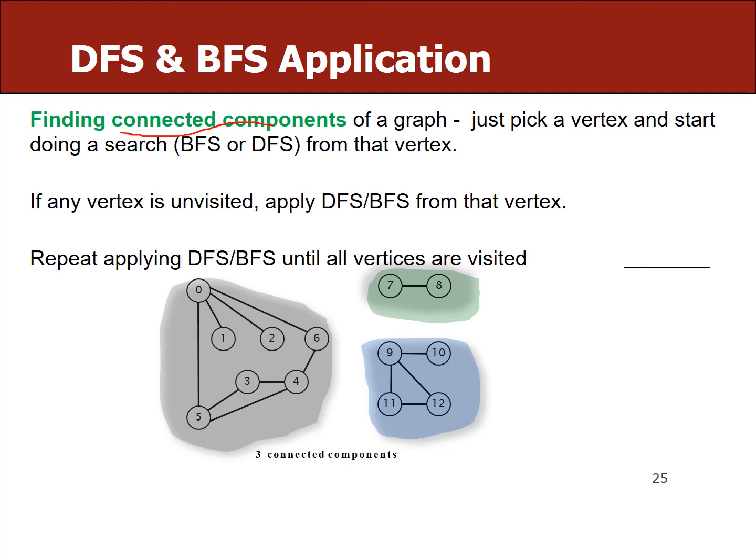You apply DFS or BFS, pick a vertex and start the traversal from that vertex. And if any vertex is unvisited, apply DFS again from that particular vertex. Repeat this process until all the vertices are visited.